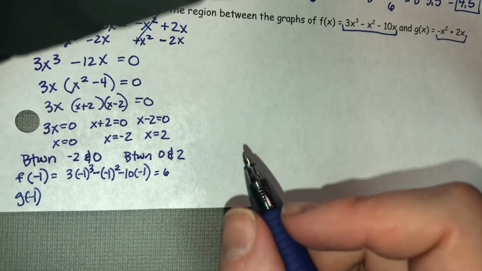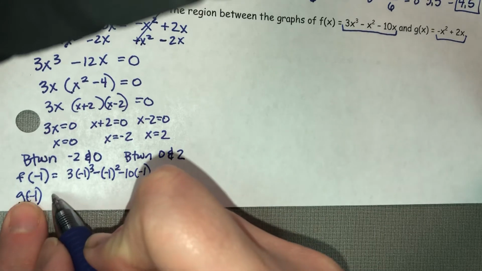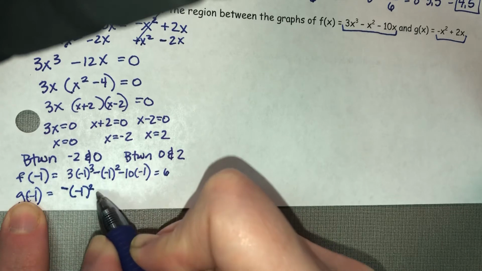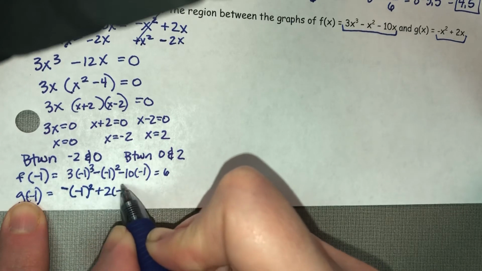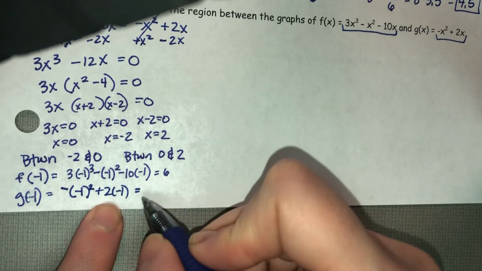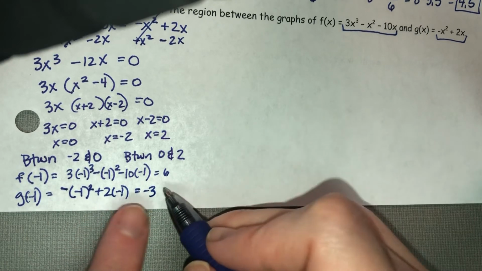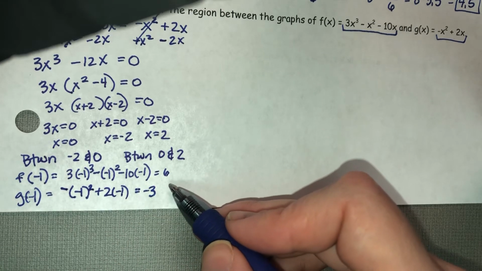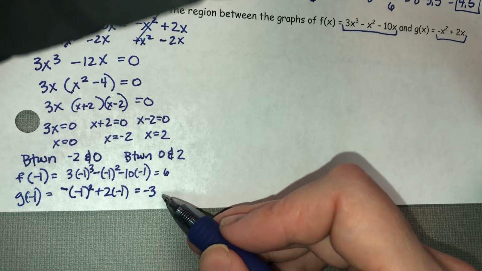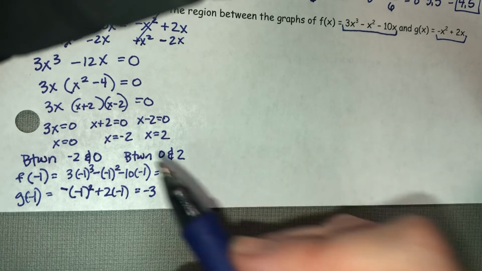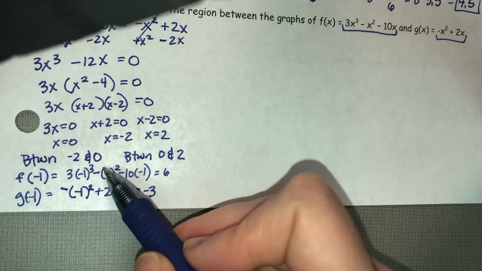Now let's plug the -1 into the g of x and see what we get. -1 squared plus 2 times -1 is -1 minus 2, which is -3. So the f function has a y value of 6 when the g function has a y value of -3. So the f function is above the g function between the x values of -2 and 0.